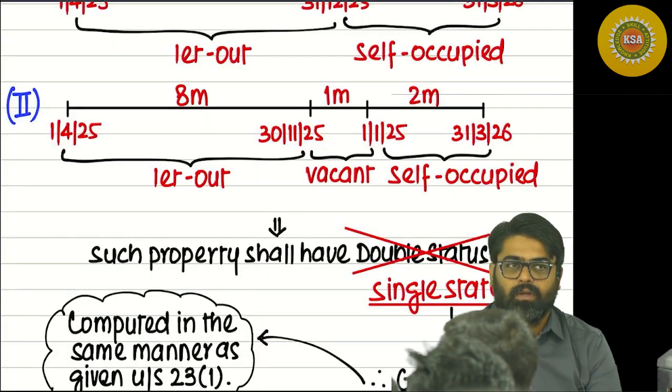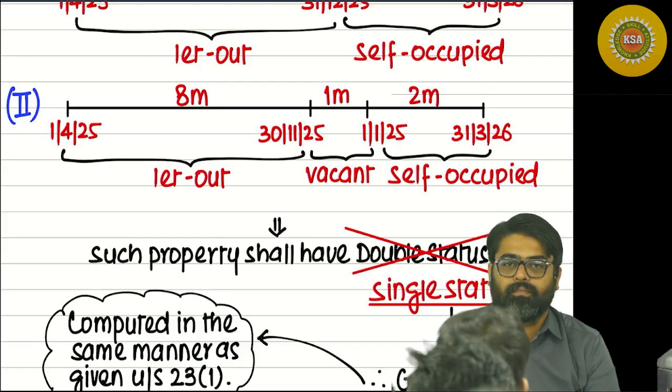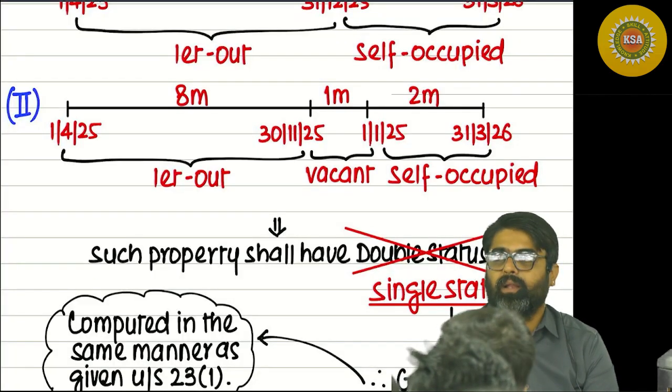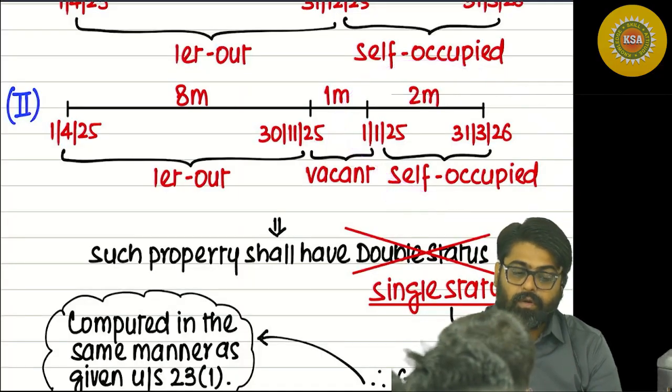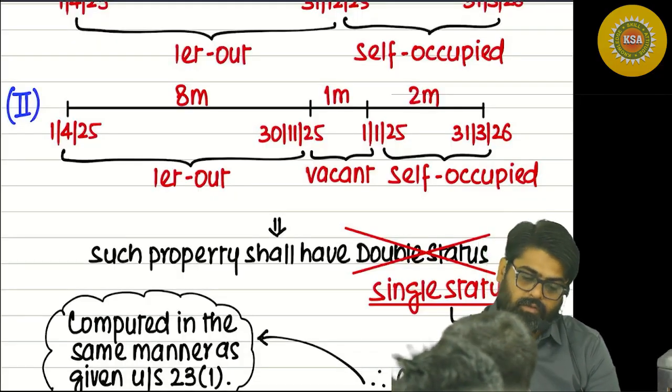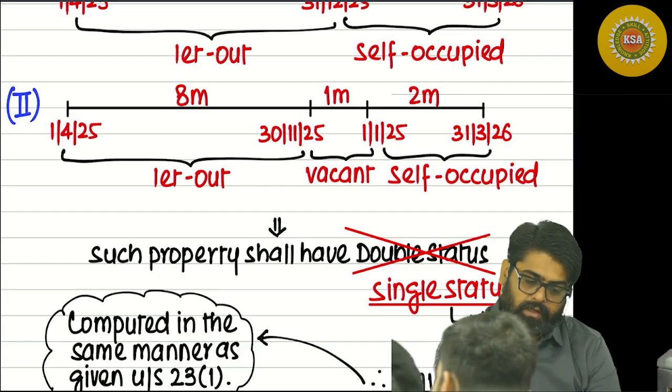Second case. Property was let out till 30th November. Then for the entire December month the property remained vacant. And from January, this is 3 months and 8 months.